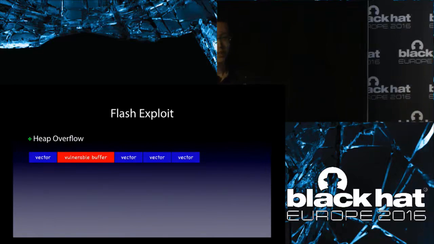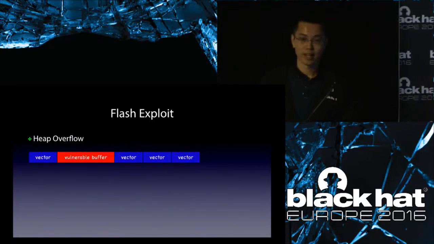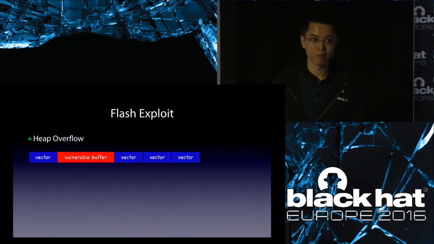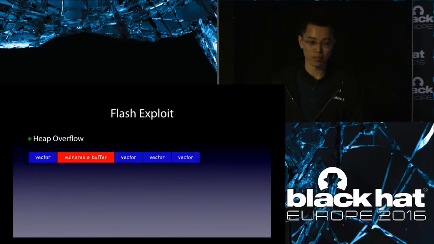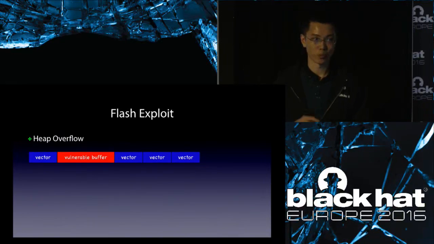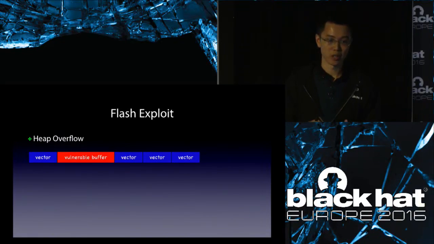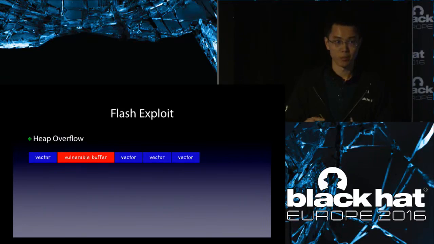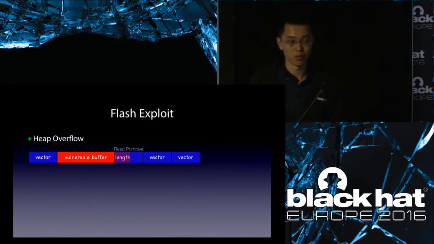For the past 3 years, maybe more, the classical Flash exploit has been mainly about corrupting the length field of a vector object, no matter what type the bug is. For example, with a heap overflow, the exploit will start by spraying vectors and leaking memory holes by freeing some of the vectors, so that when the vulnerable buffer is created, it will occupy one of the memory holes and corrupt the length field of the vector object by triggering the overflow.